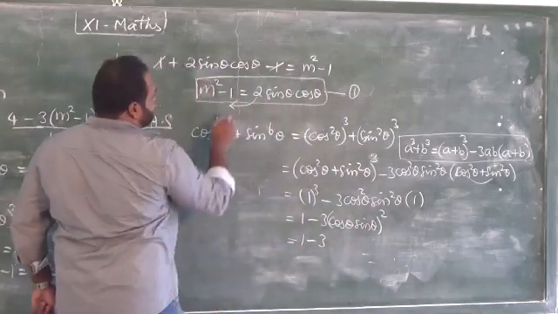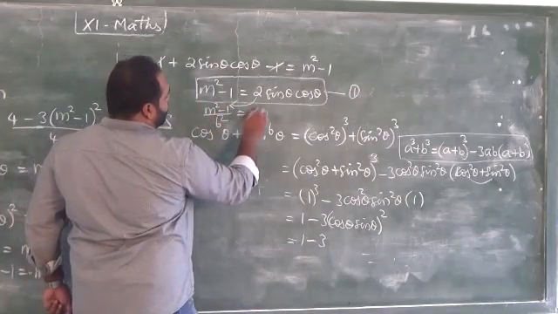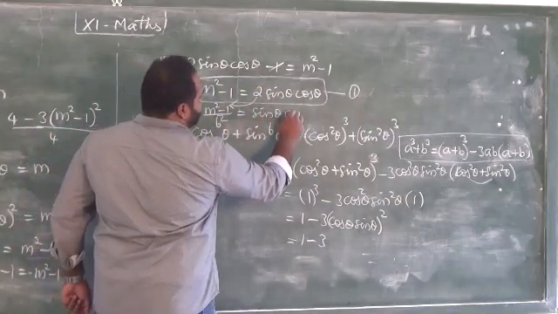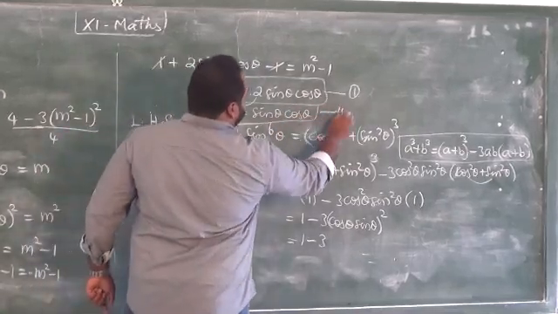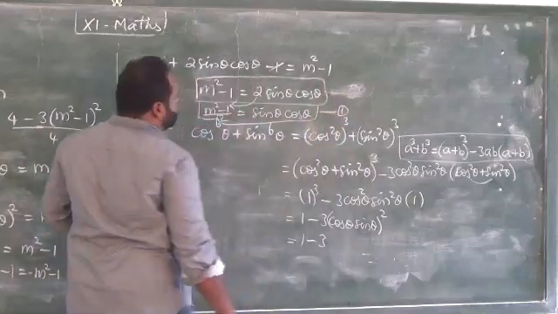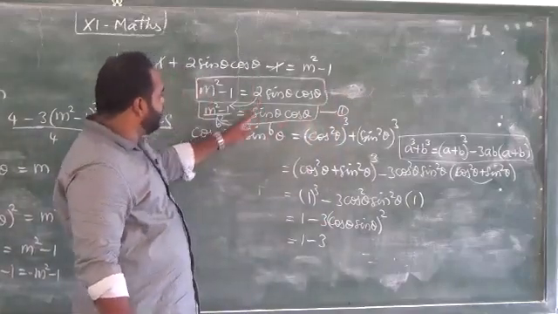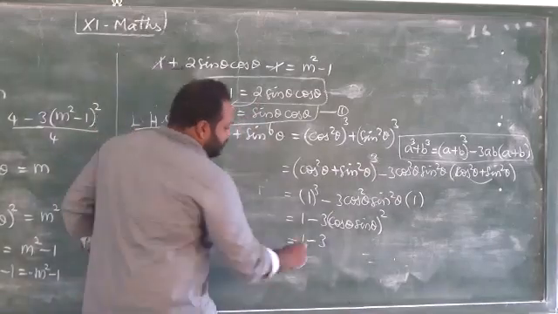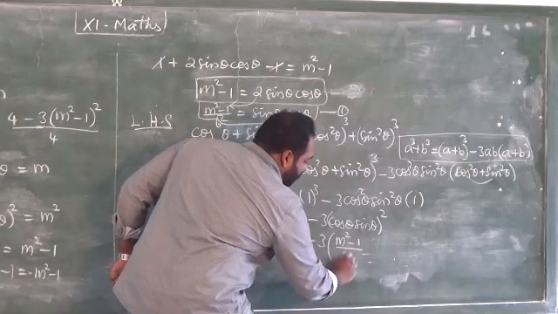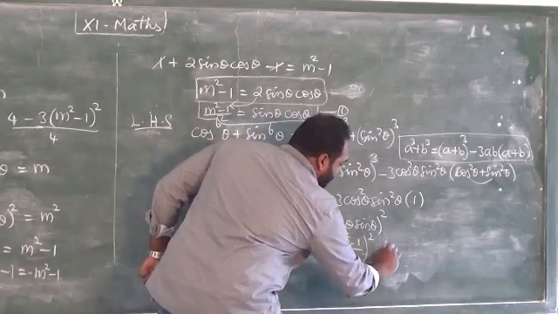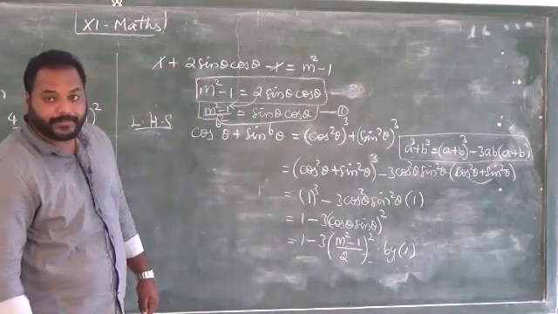Take this side, (m square minus 1) by 2 equal to sin theta cos theta. Because we have to substitute the cos theta sin theta value, I will just carry this over. So it will be ((m square minus 1) divided by 2) whole square, by equation 1.